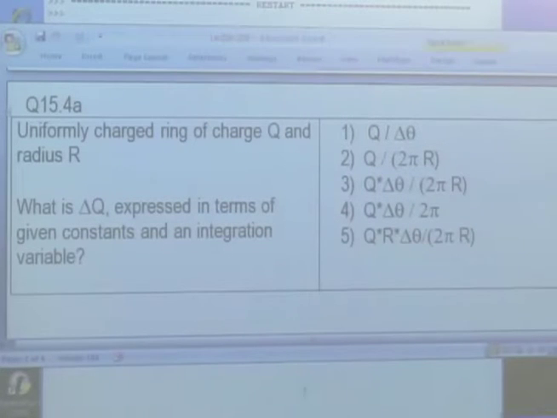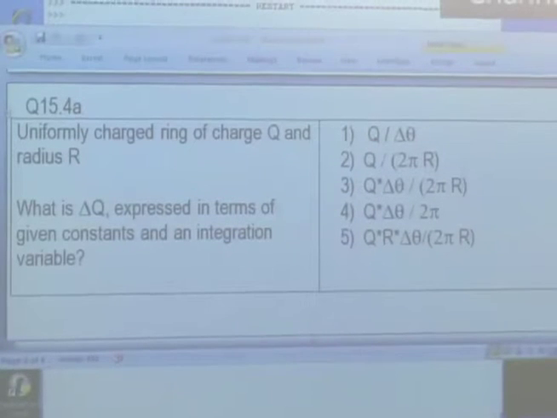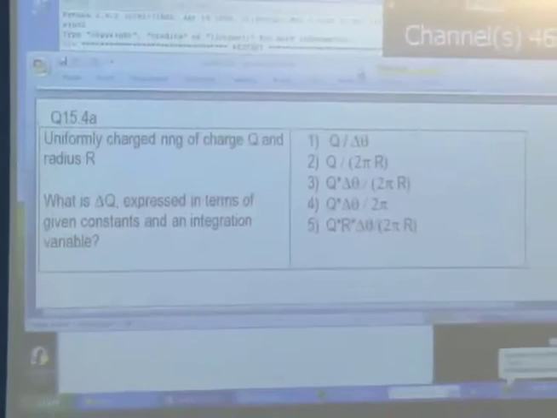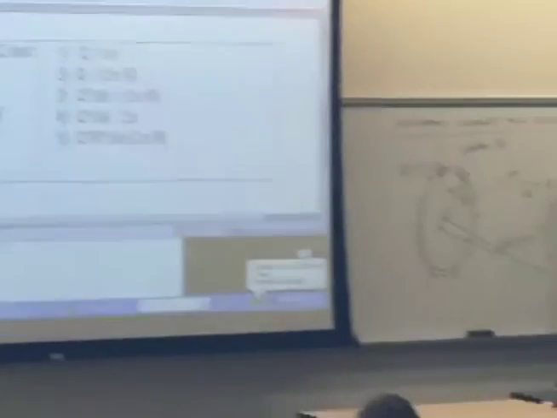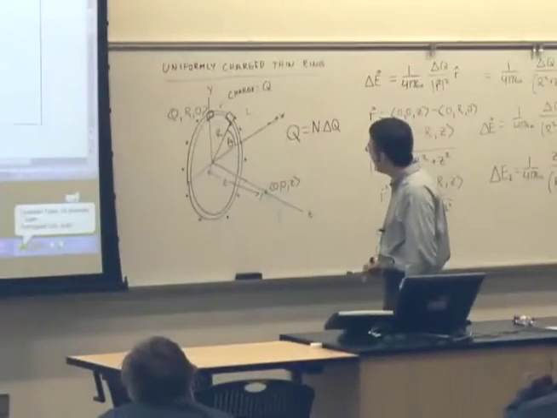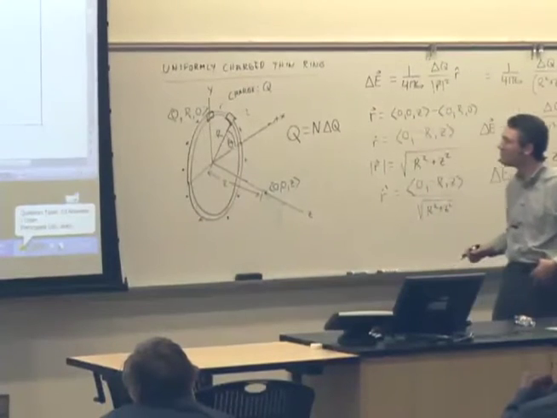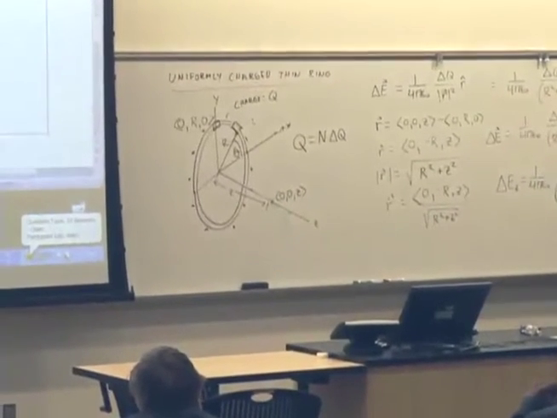You can try working it out, or you can go through each one in turn and see which one makes the most sense. But talk it over with your neighbor and see which one works best. If you think about breaking this into a number of segments, remember that the total Q is N times delta Q. That may help. N is the number of little pieces.